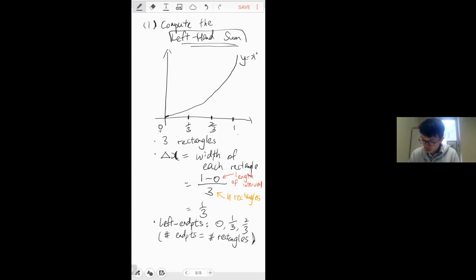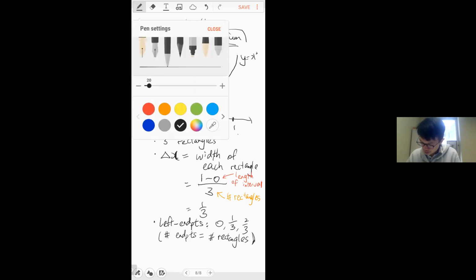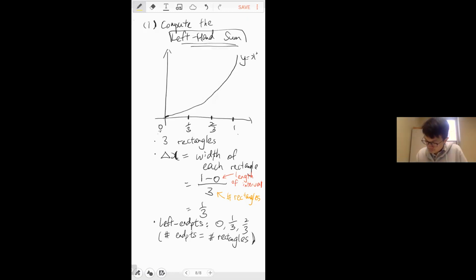some rectangles. So between 0 and 1/3, I'm looking at the left endpoint, which is 0. Use the 0 point to draw the rectangle, and on the graph, it would be just like this.